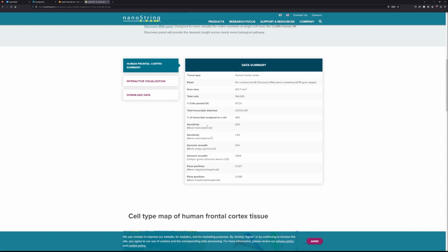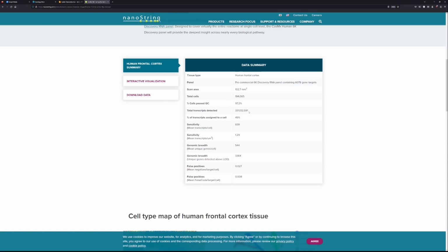We're going to use their summarized Seurat object. But if we look at this, we can see that they have a 6,000 RNA panel containing 6078 gene targets. So this is going to be far more than what I've used in the past. I've used their 1,000 gene panel.